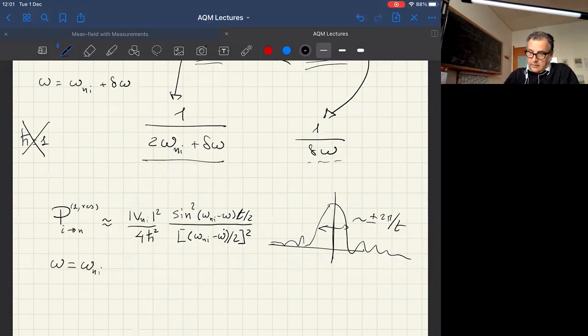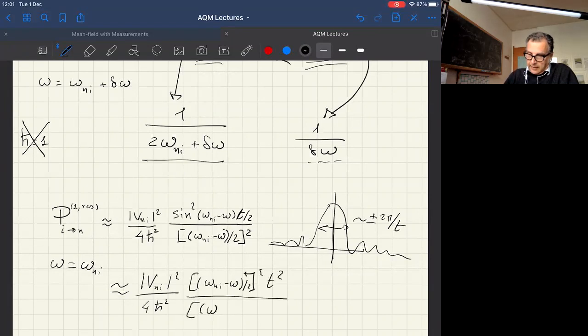Okay, so at the resonance condition, this expression is nothing else than V_NI squared over 4 h bar squared, and then you have (omega_NI minus omega over 2) squared times t squared divided by (omega_NI minus omega) squared.